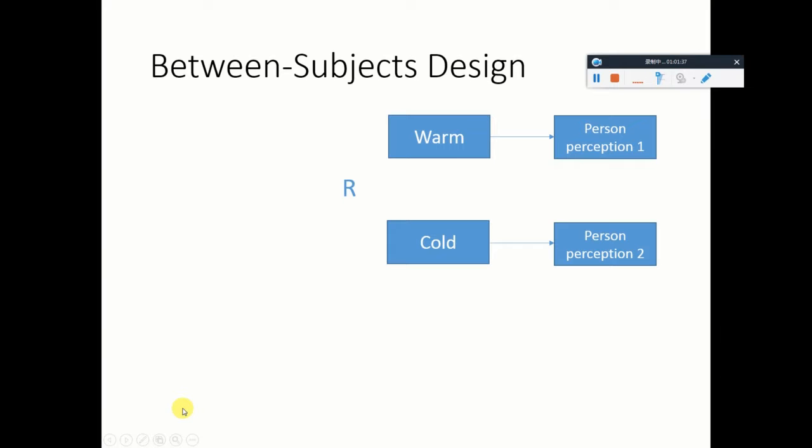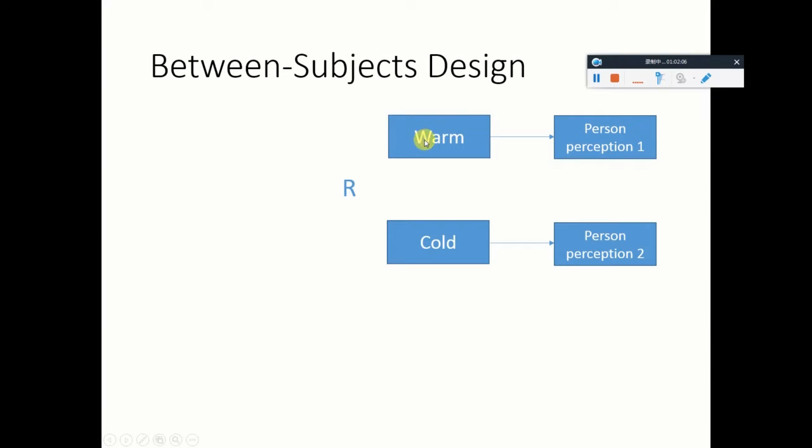So graphically, right, we can represent this idea as follows. We create, through manipulation, two conditions, two levels, right? And then we randomly assign some people into this condition and into this condition. And in both conditions, we have participants perceive the target person, which results in two scores, right?